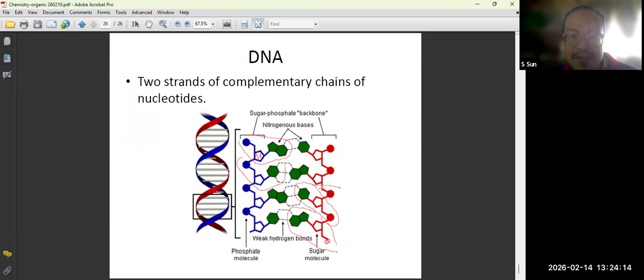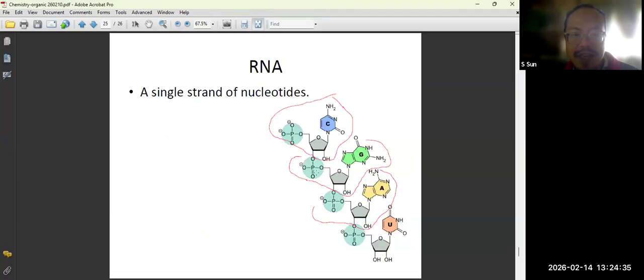So this one attached to a sugar, like that. And if you have two strands, that forms a DNA. What's the major function of that? This one stores the genetic information. GCAU, GCAT, yeah. So that's that.